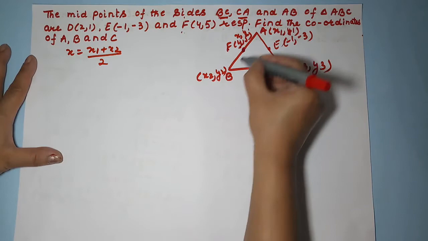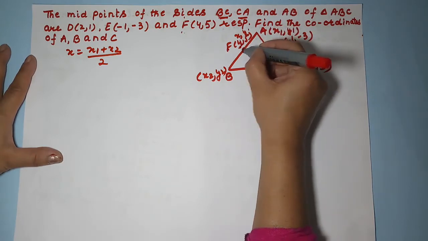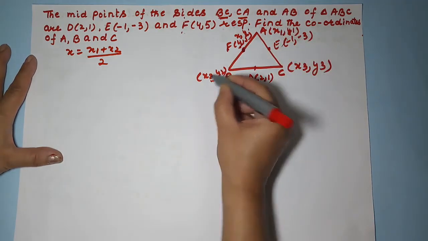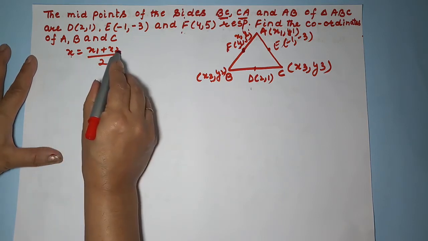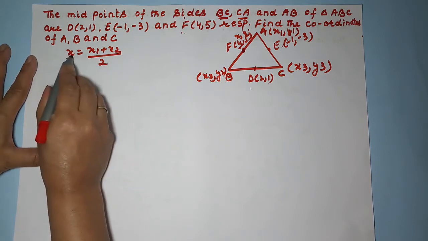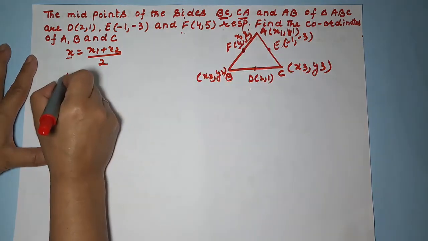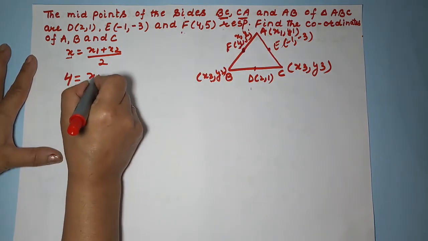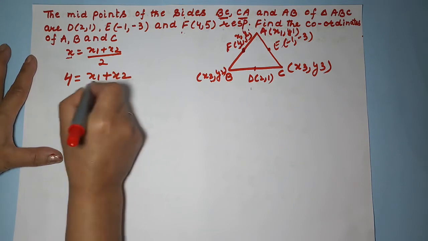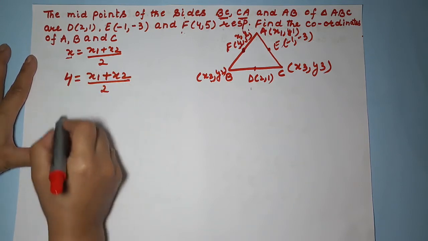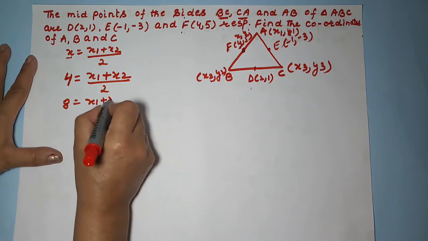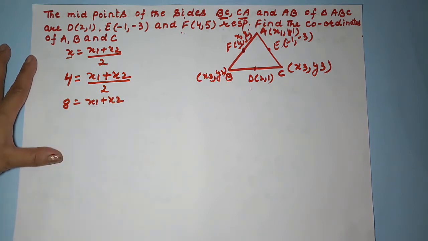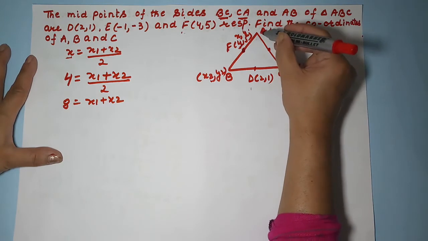So for line AB, F is the midpoint, x1 and x2 are the coordinates. So we can write x equal to x1 plus x2 by 2. So what is x in that case? 4. So 4 is equal to x1 plus x2 by 2. So if you cross multiply, you will get 8 is equal to x1 plus x2. You got one equation.